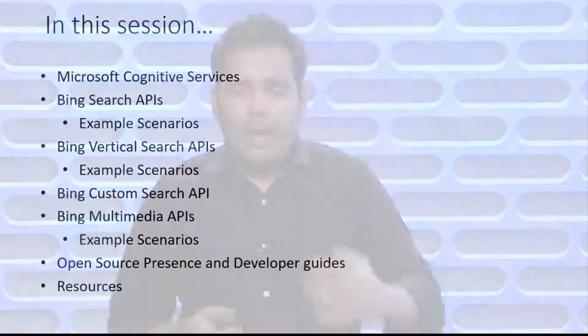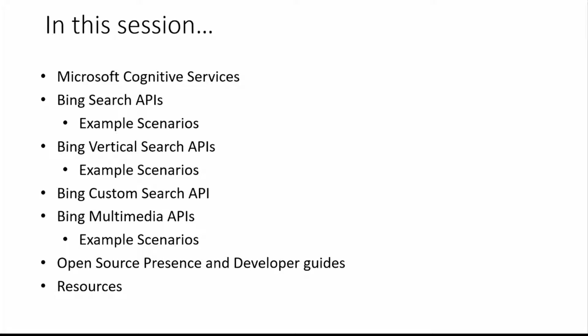We have a power-packed agenda today. In this session, I'm going to talk about Microsoft Cognitive Services, and then give a brief overview about Bing Search API capabilities. I'm also going to give some example scenarios of how our customers and partners worldwide are using our Search API capabilities.